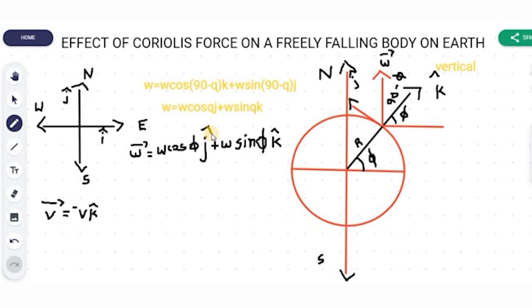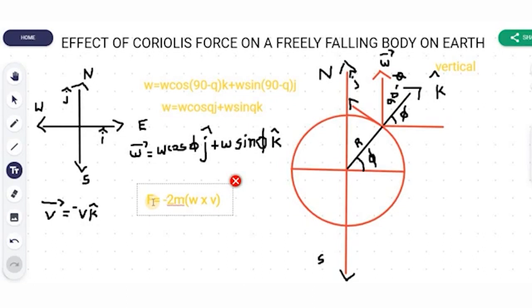So I already have the expression for the Coriolis force. Coriolis force F is equal to minus 2m omega cross V, right?